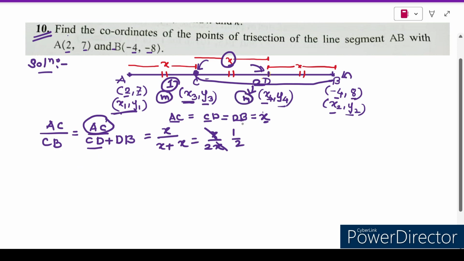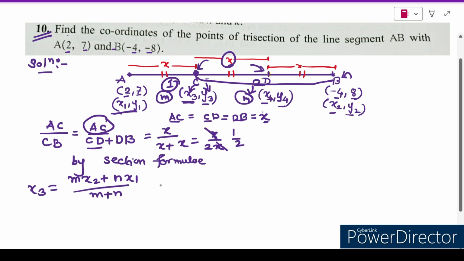We know the section formula. By using the section formula we can easily find x3 and y3. x3 will be equal to M x2 plus N x1 divided by M plus N. Now the value of M is 1, into the value of x2, which is -4, plus the value of N, which is 2, into x1, which is 2, divided by M plus N, that is 1 plus 2.